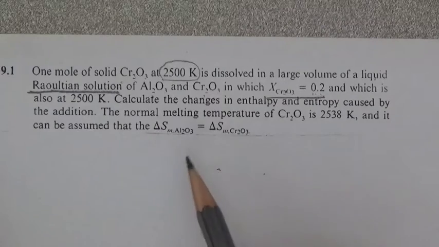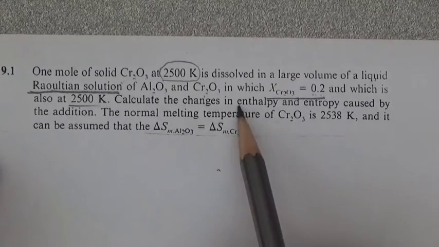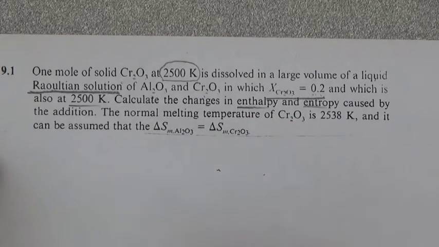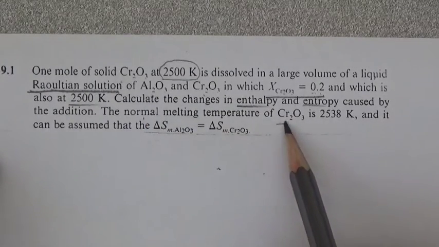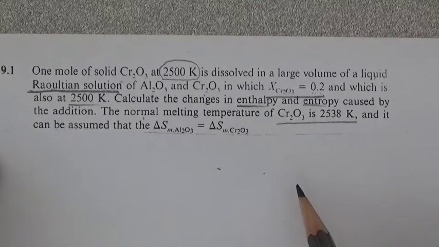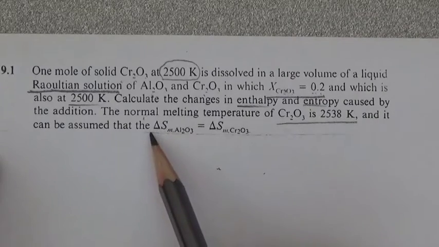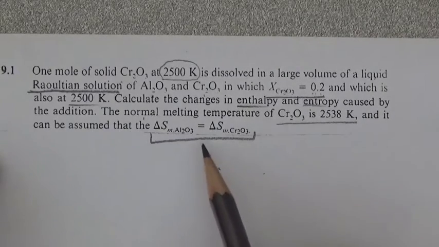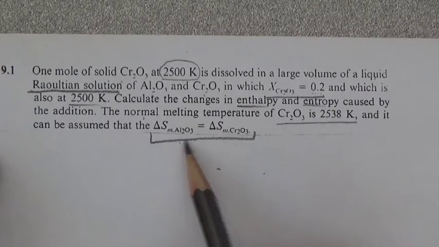It's also at 2,500 K. Please calculate the enthalpy and entropy caused by the addition. The normal melting temperature of chromia is 2,538 K. And we're also allowed to assume that the entropy of melting for alumina and chromia are the same.